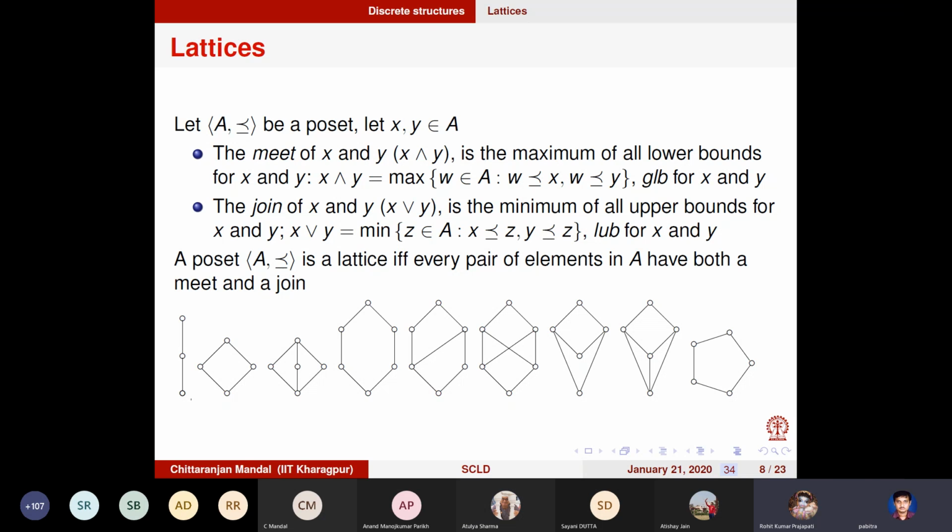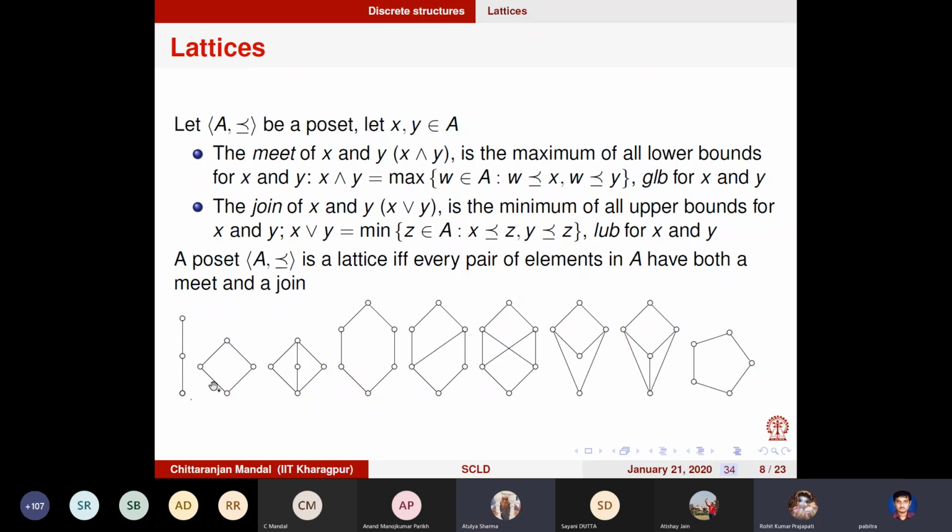If you find two elements x and y which do not have either a meet or a join, or do not have both, then it is not a lattice. So a poset need not be a lattice. For example, a binary tree structure with the parent-child relation is an example of a poset, but not a lattice.